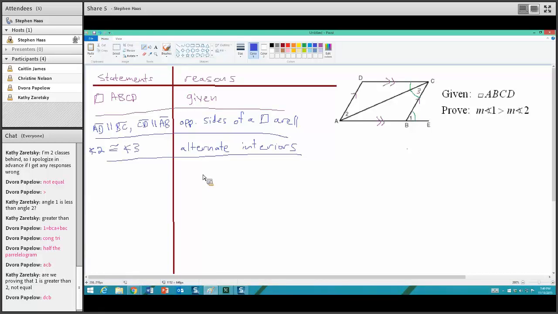Now, as we discussed, angle 1 has to be equal to angle 3 plus, let's name this angle 4. Angle 4, also because of alternate interiors.